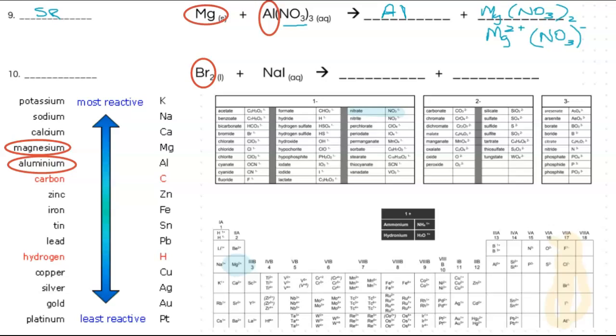So when I look at bromine and I want to know if this reaction is going to happen, because bromine is a halogen, I need to replace the other halogen. Well, sodium is over here. He's a metal. So I'm comparing bromine to the other halogen, iodine. Both of those elements are located over here.